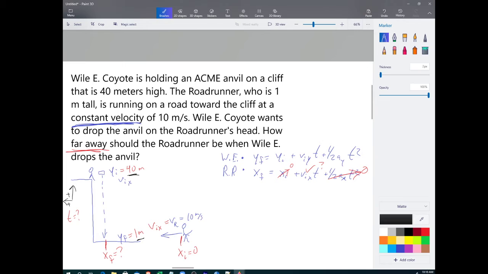Alright, so I've put in these two values. Let's see, my vix, like I said, because he's all in the y direction, I actually want to focus on my viy here. Because he is dropping it, right there, we can assume that this will be 0 meters per second. Remember, anytime you drop it, you're not giving it initial speed.